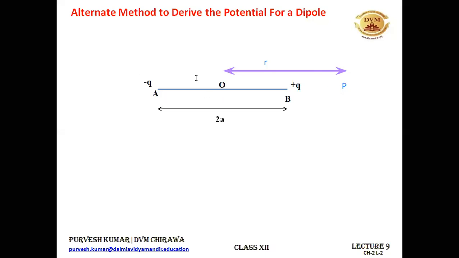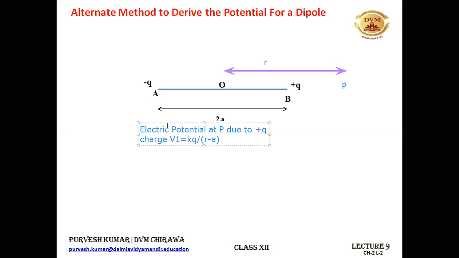So you can easily find it like this, that electric potential at P due to plus Q charge is equal to KQ divided by r minus a. You can easily write it like this. So this is your V1.